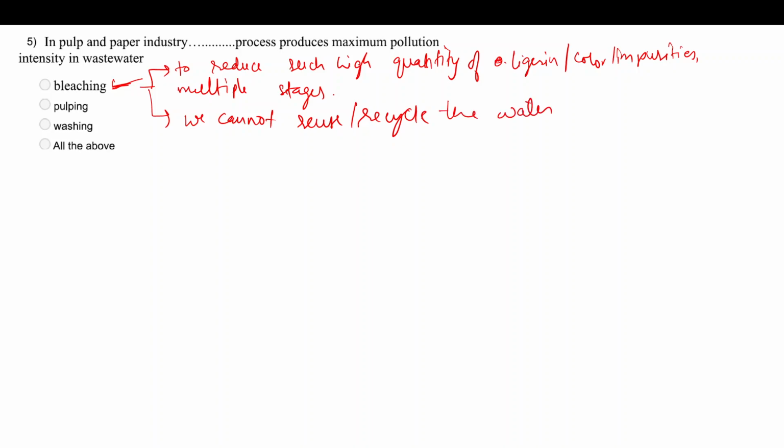So we require fresh water in each and every stage, and it should not be contaminated. That is why, compared to other processes, the intensity of pollution in wastewater from the bleaching process is much higher. Bleaching is the correct answer.